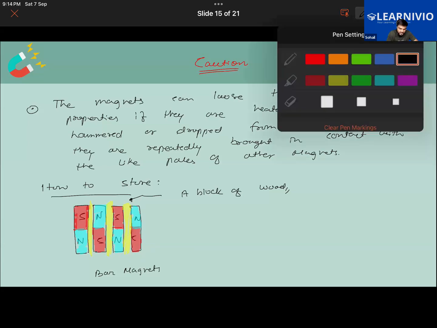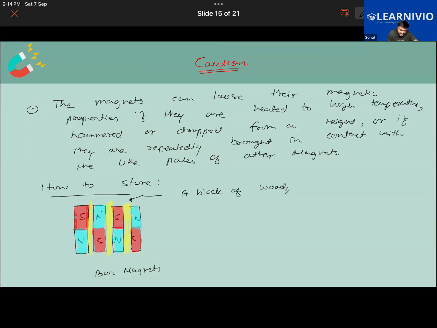Another thing to keep in mind is that we should also keep the magnets away from moisture. They should be kept in a cool and dry place. Moisture should be avoided.